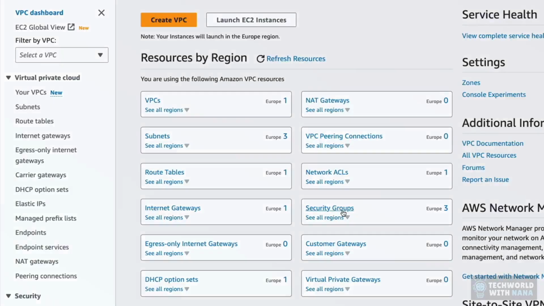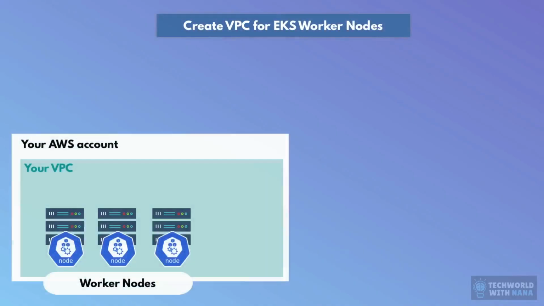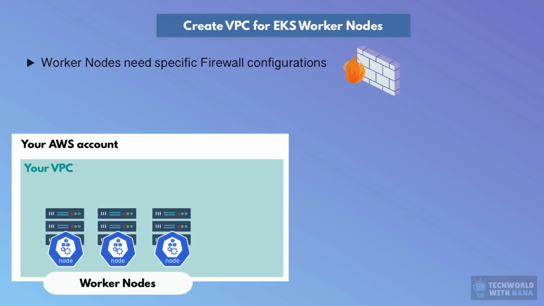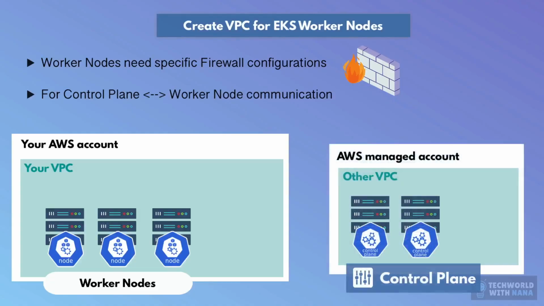So basically, your worker nodes, which are going to run in your VPC in different subnets, need to have a set of firewall configurations that is necessary for control plane nodes to connect to your worker nodes and also to manage them, because they are going to need to communicate with each other. And again, you have to remember EKS is running on a different VPC, which is managed by AWS outside of our AWS account.